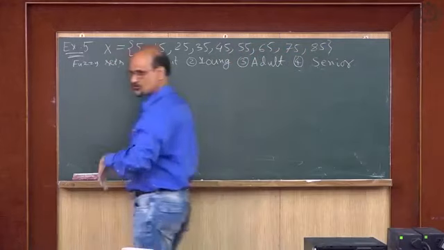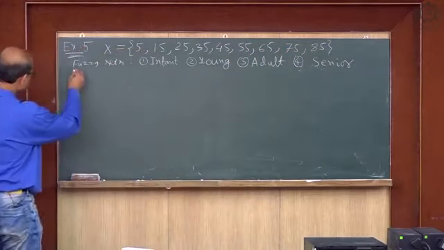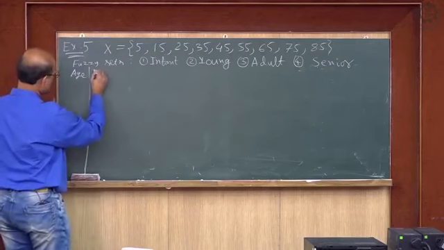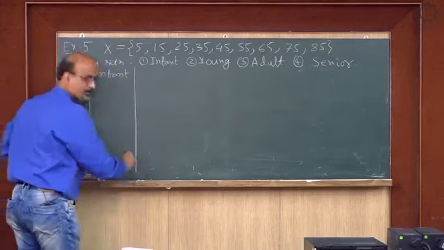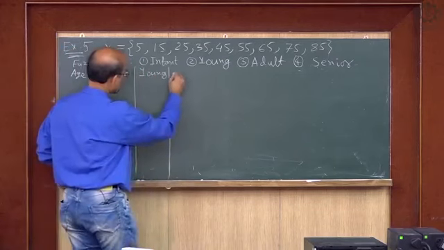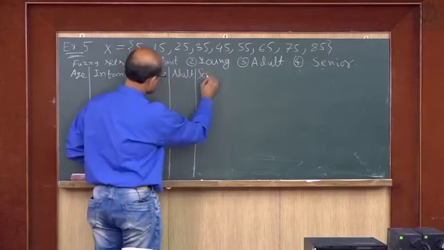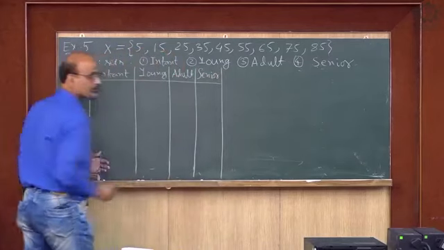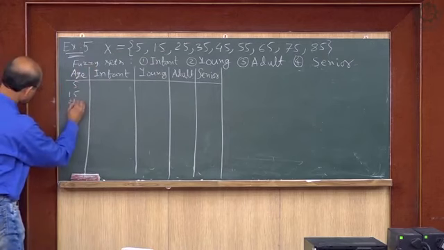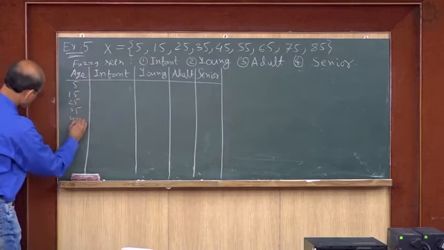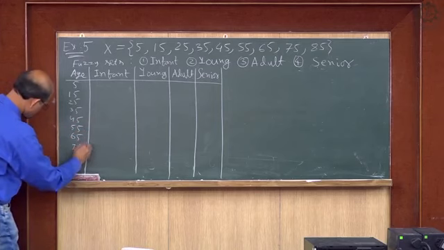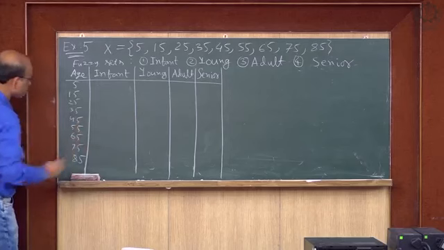Now let us make a table. Here we are giving age, here we are having infant, then we have young, adult, senior. We have 5, 15, 25, 35, 45, 55, 65, 75, 85.